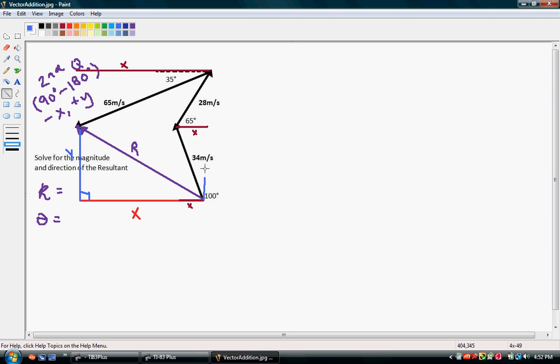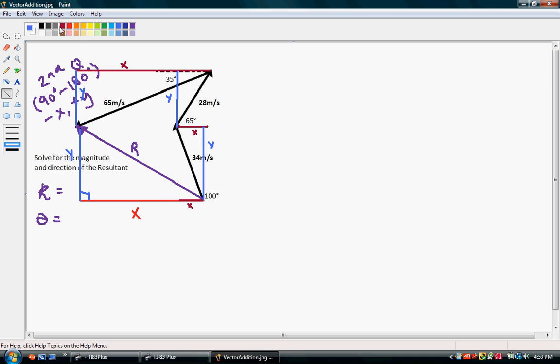So if we can find the y components of each of these vectors, notice that the first two are positive because they move upward, and the last one is negative because it moves downward. Then we can figure out the y components of our resultant.